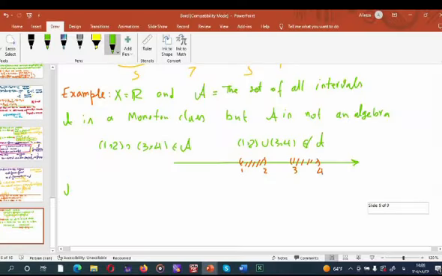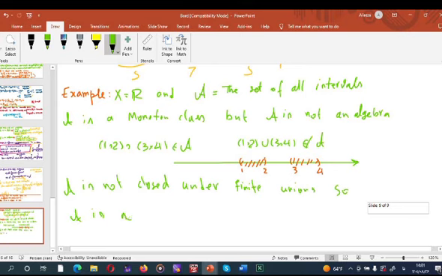So A is not closed under finite union, so A is not an algebra, and this shows that A is not a sigma algebra.